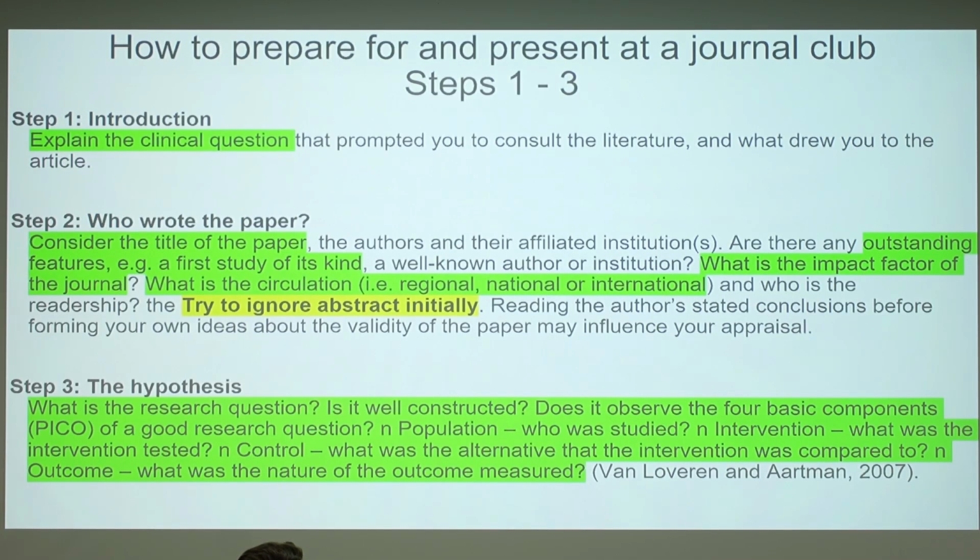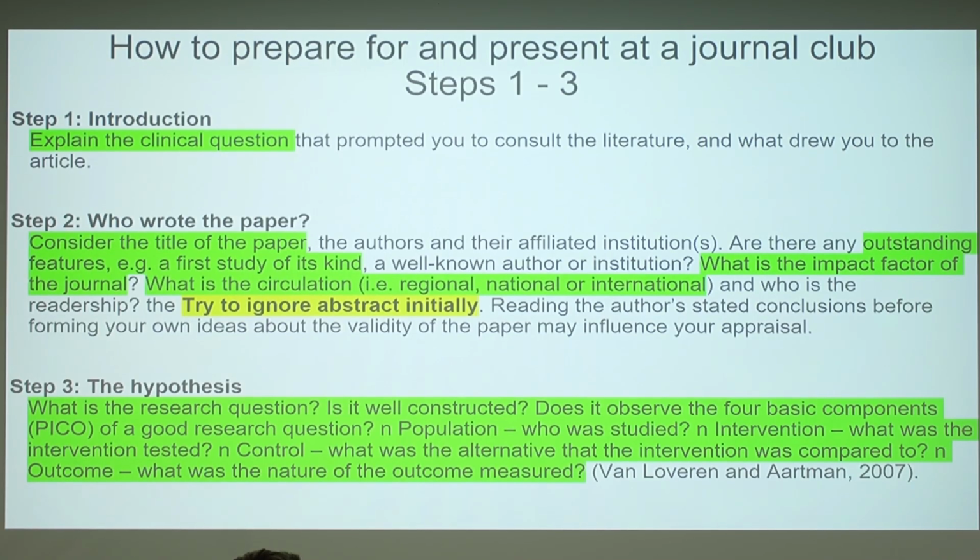And so the hypothesis, step 3. Do they have all the PICO elements? If they don't, why don't they? Some study designs don't always have all of the PICO elements. That's inherent to the particular study design. But if they're missing, why was it missing? What does that say?